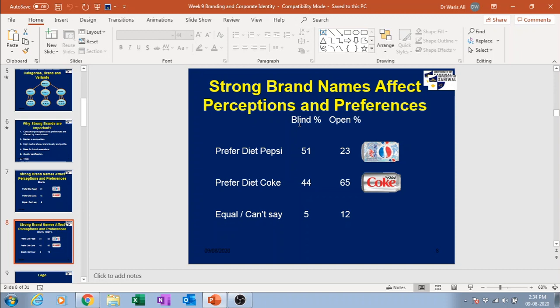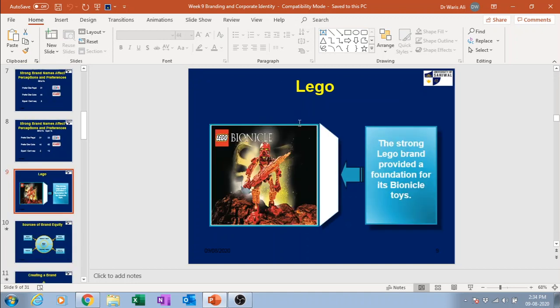When they were told that this glass contains Diet Pepsi and this glass contains Diet Coke, then the majority of people preferred Coke. It means the brand has changed their preferences for the product. So brand names matter a lot. Therefore, we need to convert products into brands.